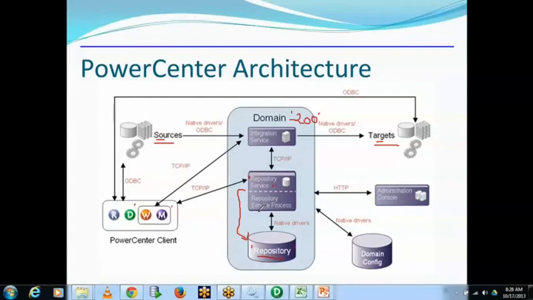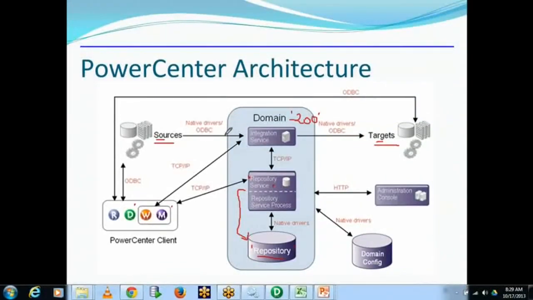The moment I edit it and save it, it is the repository service which will recognize that save command, send it across to the repository using its own services of create, insert, delete, or change the repository content. Once it is done here, it will again send a signal to the repository service, which will be sent to the client tools. Okay.